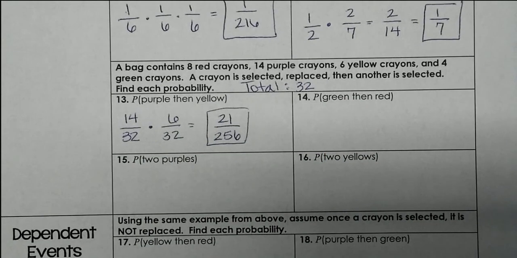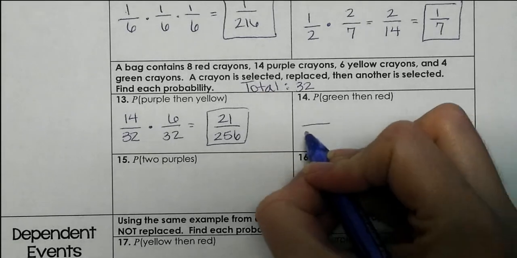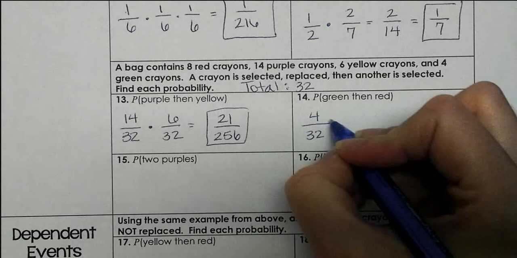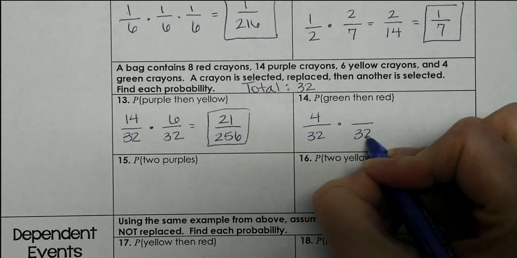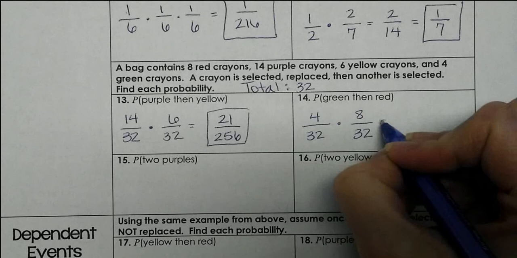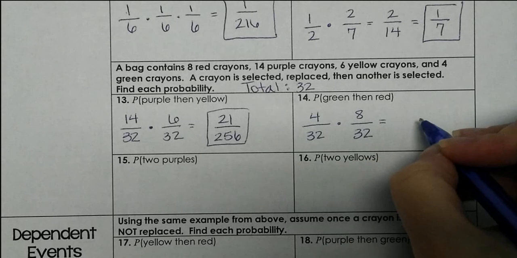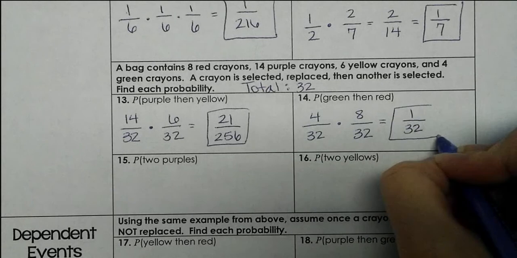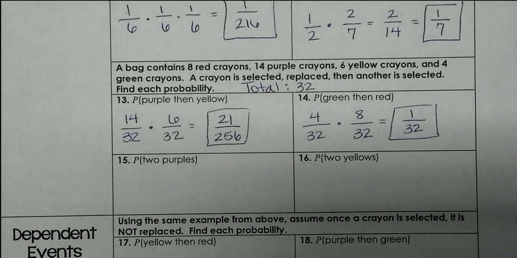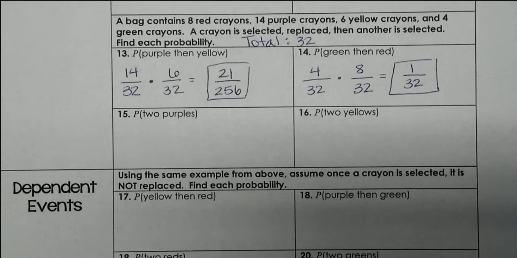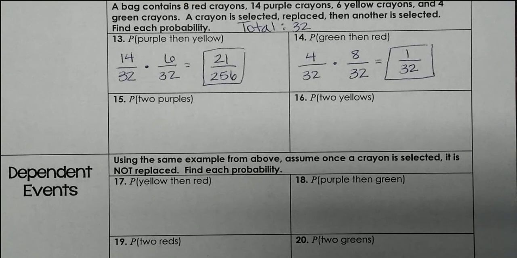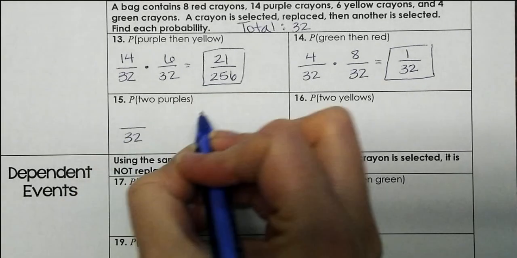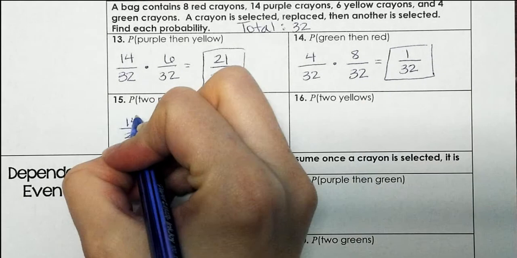So on number 14, I've got 32 total. I've got 4 green. I've got 32 total. I've got 8 red. So if I multiply and reduce, I end up with 1 over 32. Remember, you can type that in and put math, enter in your calculator. Okay, on number 15. 32 total. I'm going to pick a purple, and then I'm going to do it again.